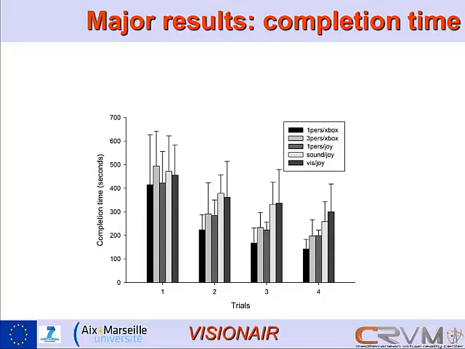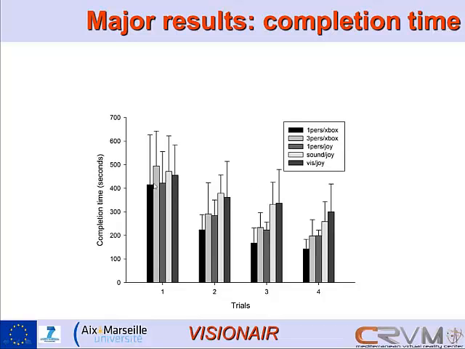Okay, so what are the major results of these two experiments? This is first person with Xbox, third person perspective with Xbox, first person with joystick, first experiment, sound guidance with joystick, and visual arrows on the ground with joystick. This is the first experiment, this is the second experiment.